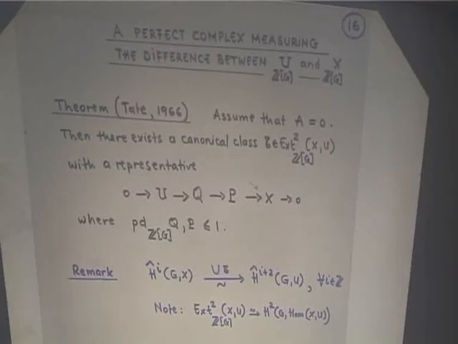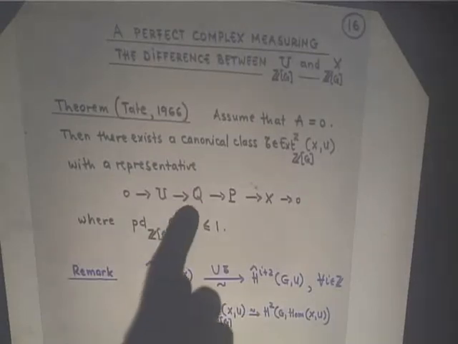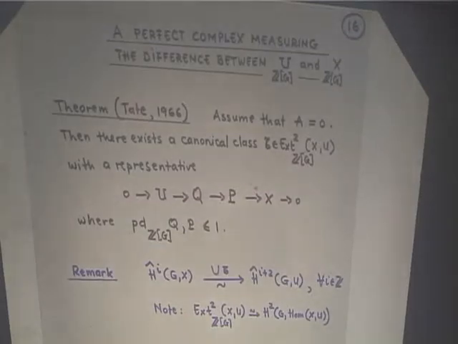Then there exists a canonical class tau in Ext^2 over Z bracket G of X by U with a representative of this type. So this is an exact sequence of Z bracket G modules starting with U and ending with X, and with two terms in the middle, Q and P, which have the property that the projective dimension of these two elements over Z bracket G is less than or equal to 1.